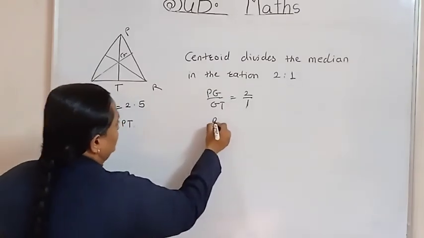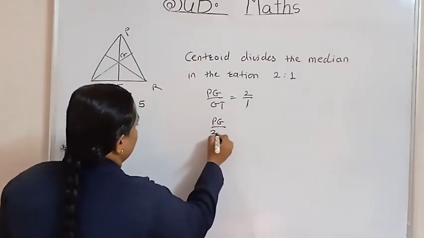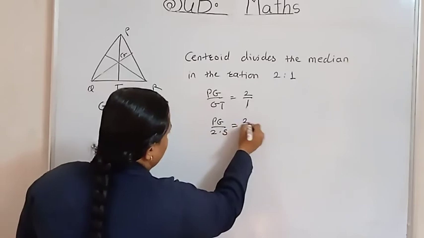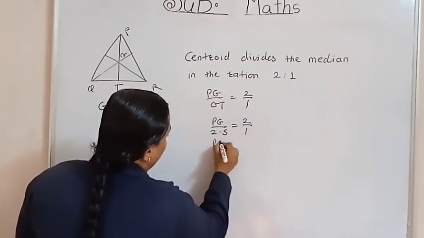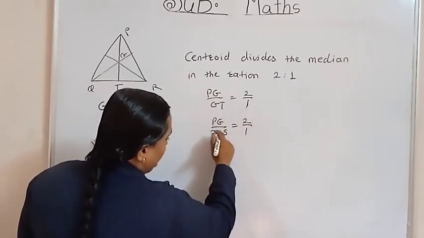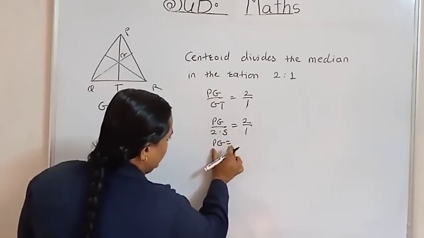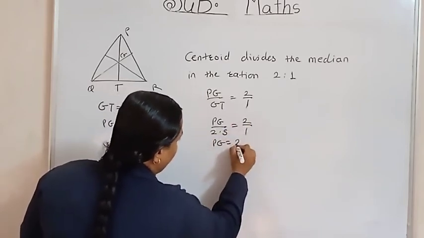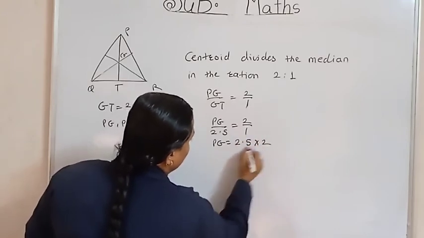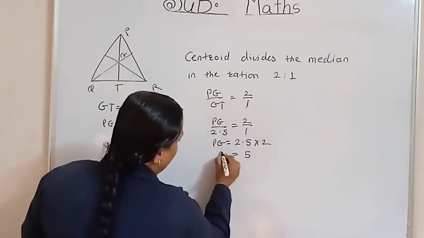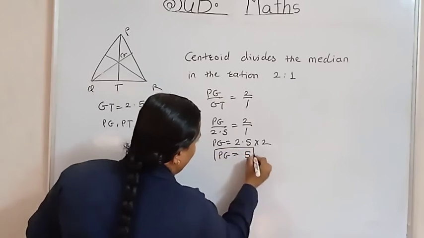Now PG we don't know, GT value is given, 2.5, is equal to 2/1. Cross multiplication we are doing, PG multiplied by 1, only PG will come. 2.5 multiplied by 2 is equal to 5. Now the PG value we got here is 5.